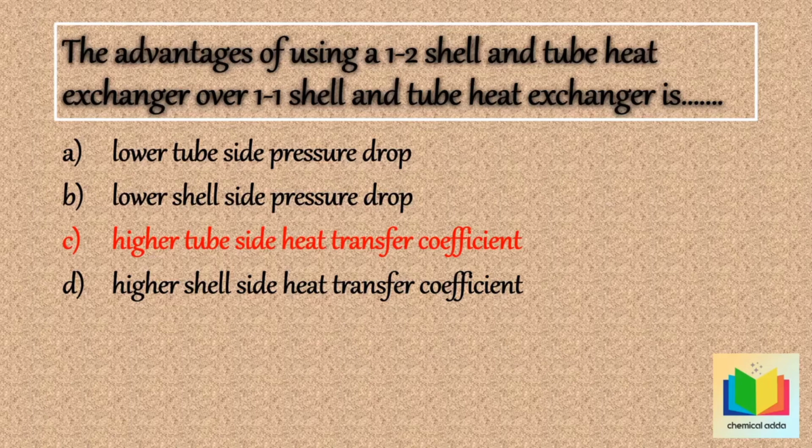So that's why the advantage of using a 1-2 shell and tube heat exchanger over a 1-1 shell and tube heat exchanger is higher tube side heat transfer coefficient.